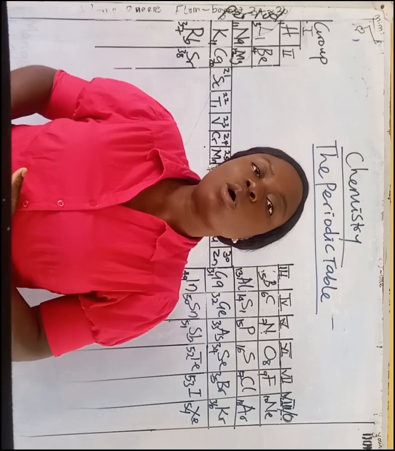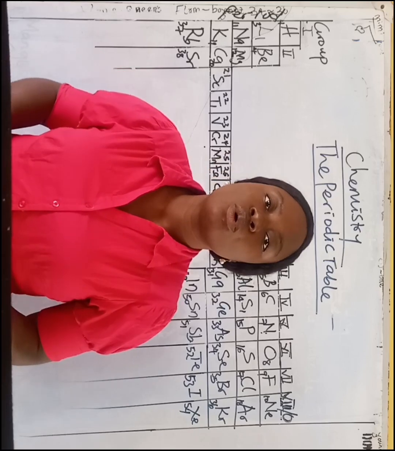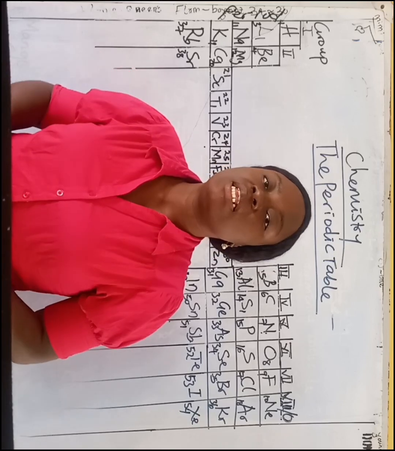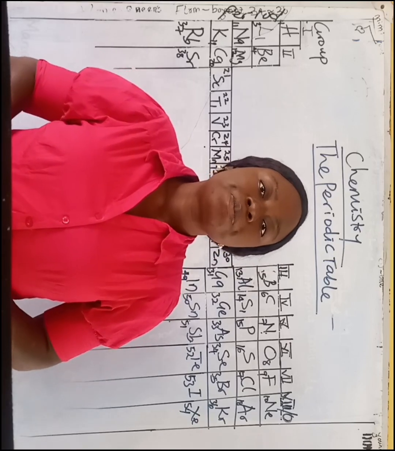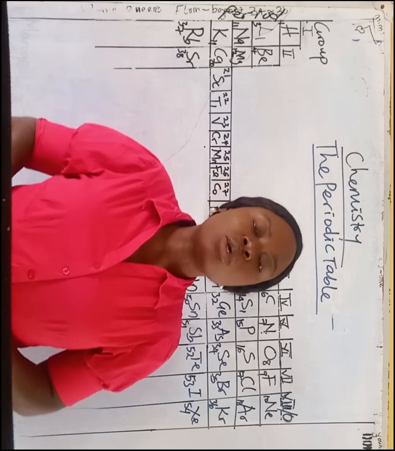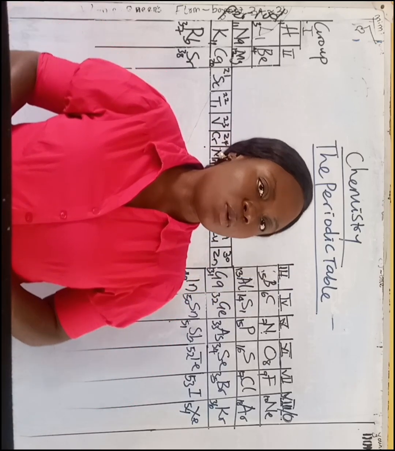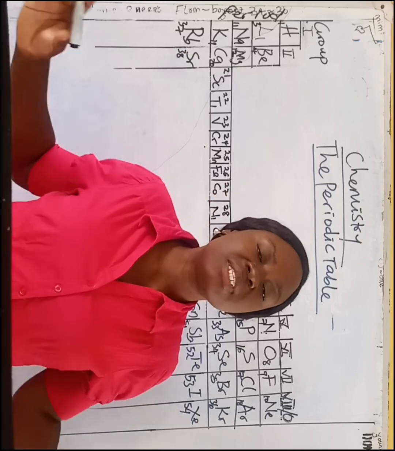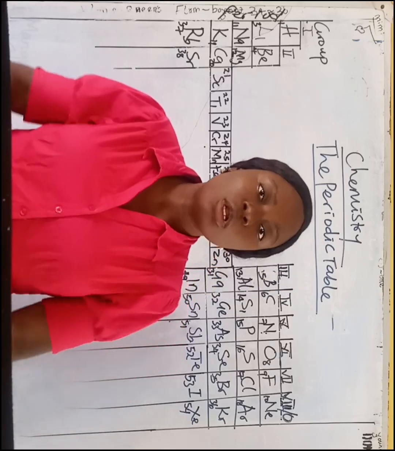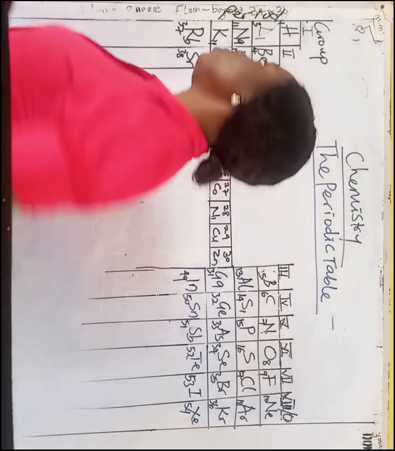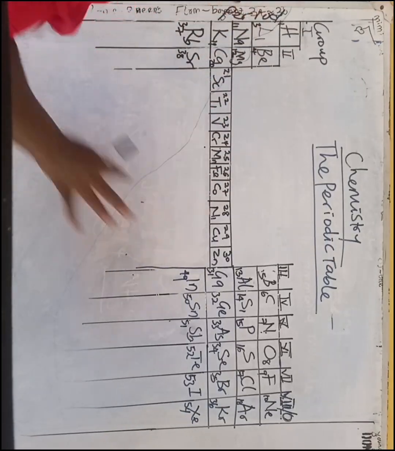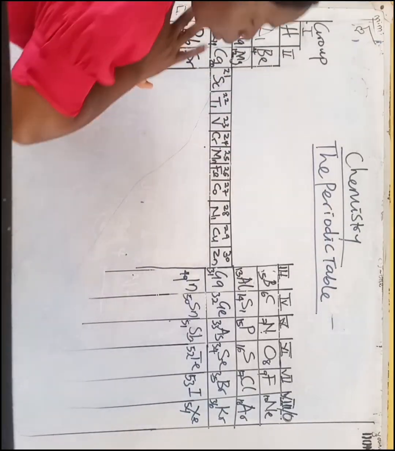And I will show us how we are going to know the group and the period in which an element belongs to. Now, the groups are the ones on the vertical columns on the periodic table, while the periods are on the horizontal rows on the periodic table. This is just a sketch of the periodic table on the board.